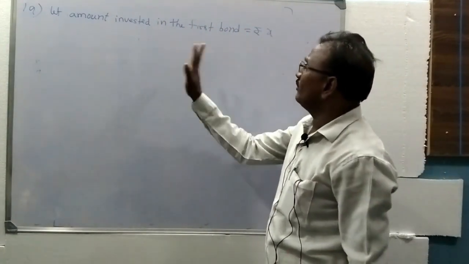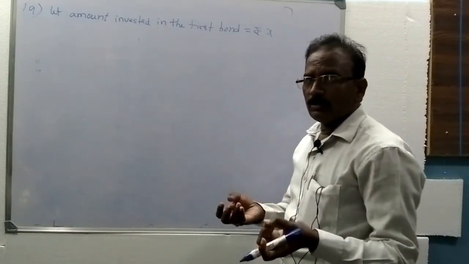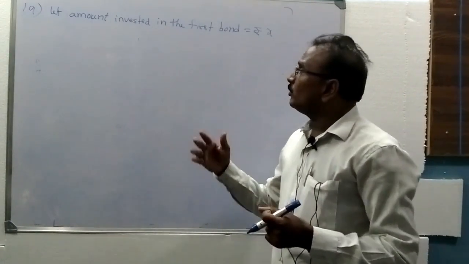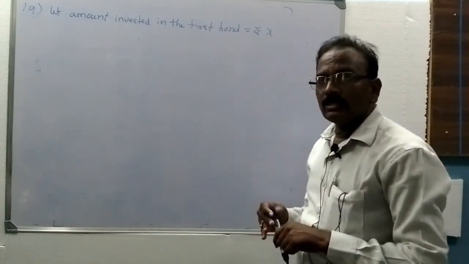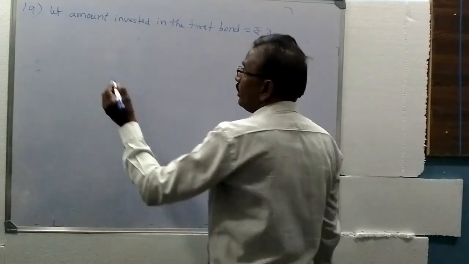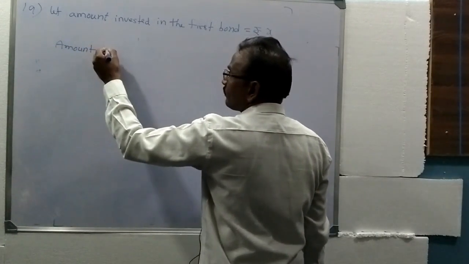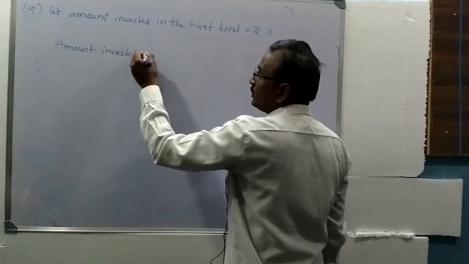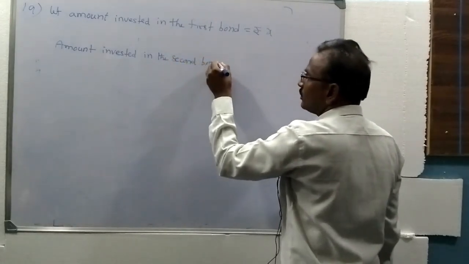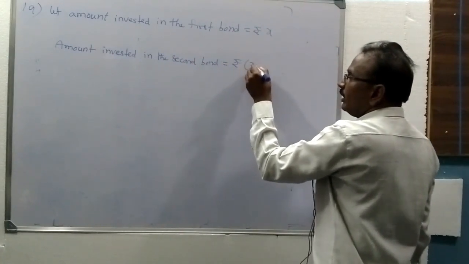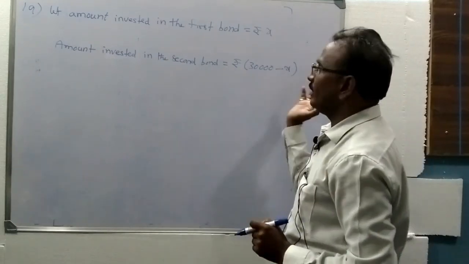What is the amount invested in the second bond? The total amount available is 30,000. Already the amount invested in the first bond is x, so the remaining amount is 30,000 minus x. That is the amount invested in the second bond. Therefore, the amount invested in the second bond is 30,000 minus x.